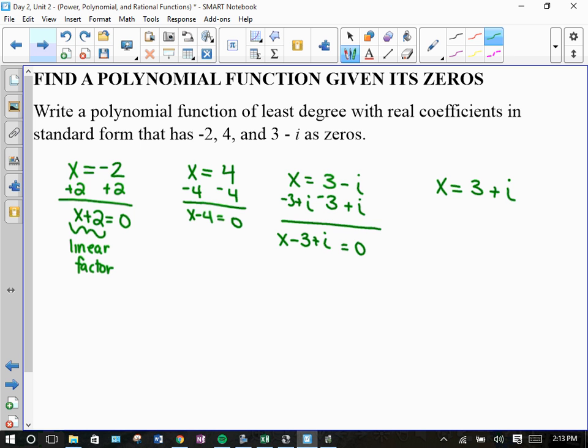That is also a linear factor. Over here, for 3 plus i, subtract 3, subtract i on both sides: x minus 3 minus i is equal to 0. So I have my 4 linear factors.